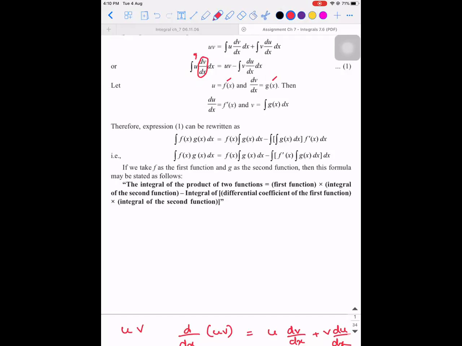I hope it is clear, right? Means you have the integral of, in the place of u, I can write f of x, and in the place of dv by dx, I can write g of x. Am I right?